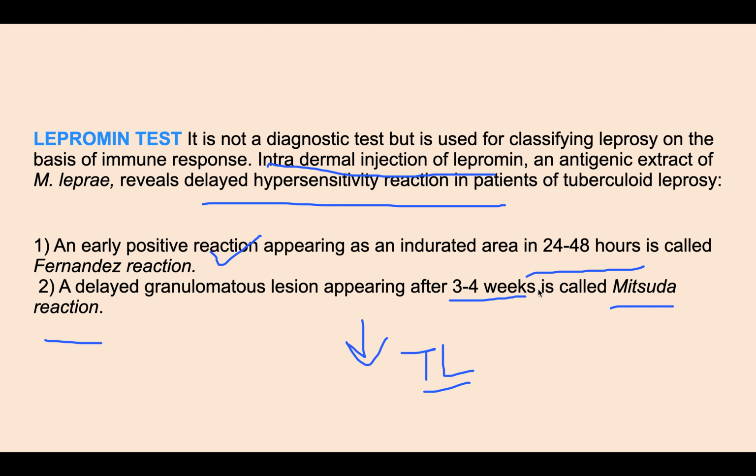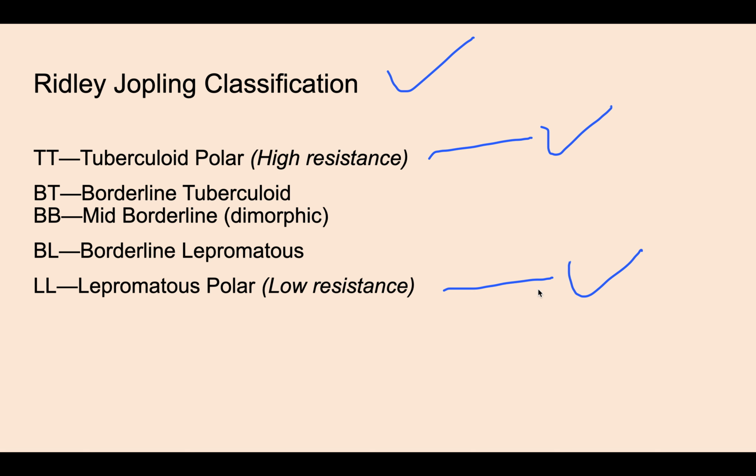There is a classification of leprosy in which it is divided into various parts, and there are two poles of the classification. You have the tuberculoid pole and the lepromatous pole, that is tuberculoid leprosy and lepromatous leprosy. In tuberculoid leprosy the patient has good immunity, and therefore the patient will have a positive lepromin test.